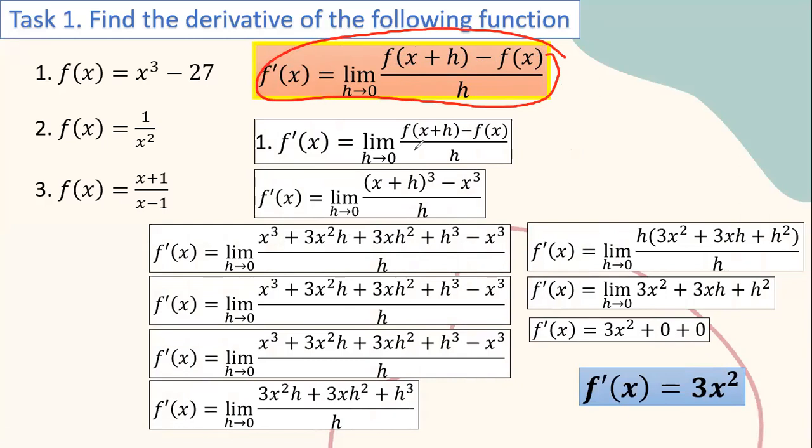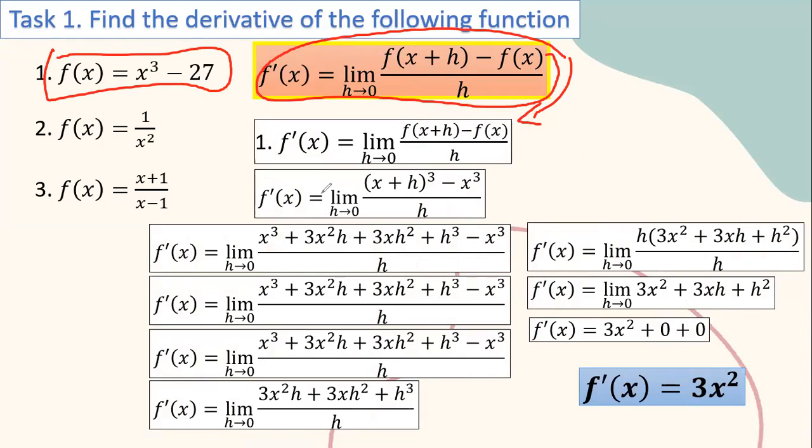So we will use this formula to find the derivative of this certain function. So let's have number 1. So f prime of x is equal to the limit of f of x plus h minus f of x over h as h approaches 0. So that is the formula.